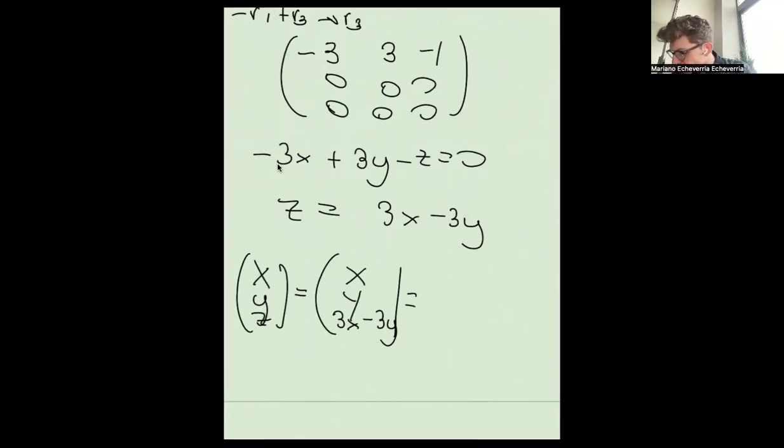Oh, sorry, this should have been minus 3x plus 3y. I think I made a mistake. Yeah, thank you. So xyz becomes x, y, minus 3x plus 3y, and this gives you x times (1, 0, minus 3) plus y times (0, 1, 3).